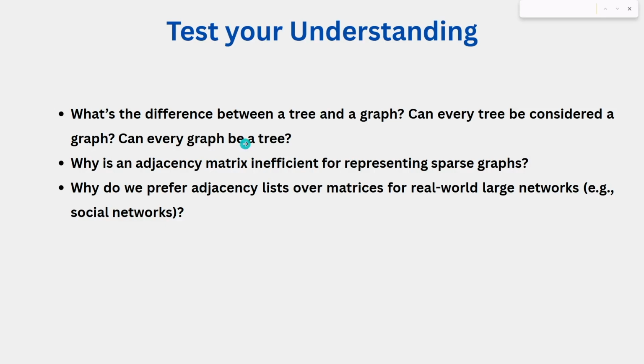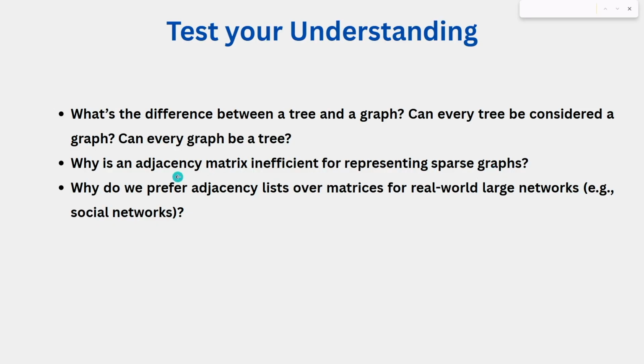Next is, why is an adjacency matrix inefficient for representing sparse graphs? Sparse means the connectivity between vertices is minimal. Here the complexity is order of V square when we go for adjacency matrix representation. So, if the connectivity between the vertices is less, then most of the entries in that matrix will have a value of 0, and so we say that normally for a sparse graph, adjacency matrix representation is inefficient.